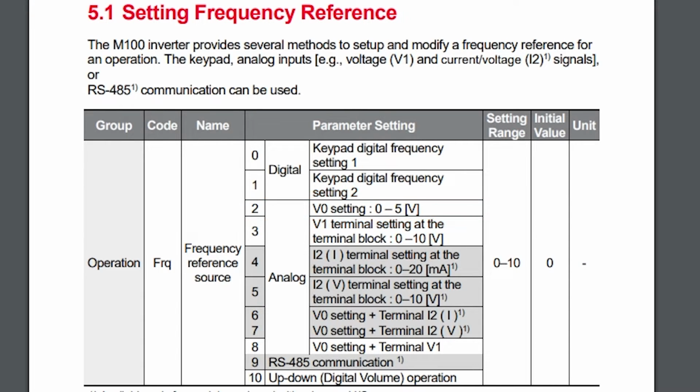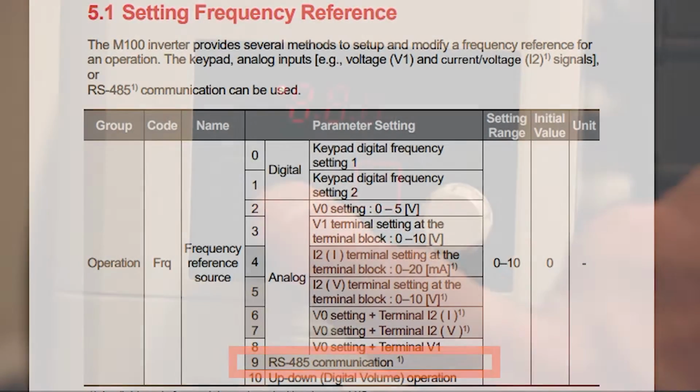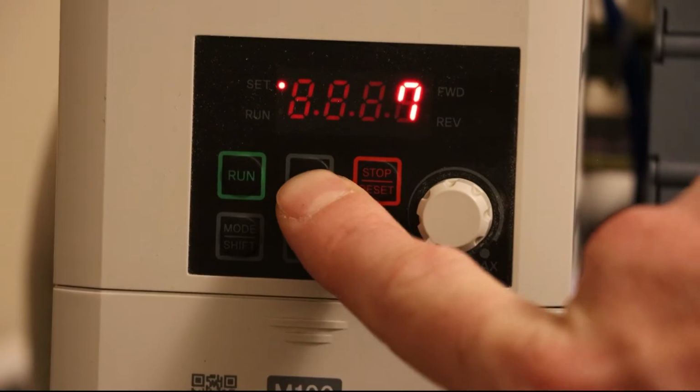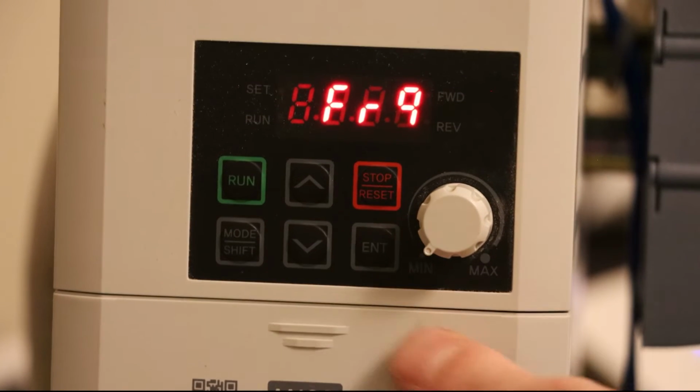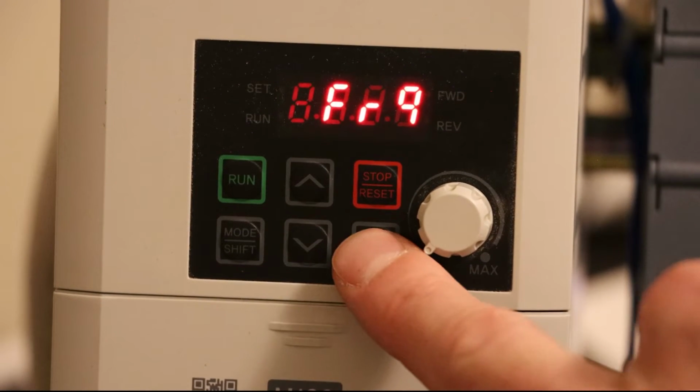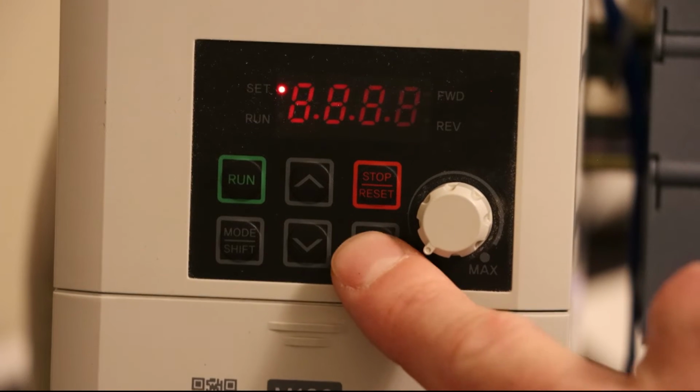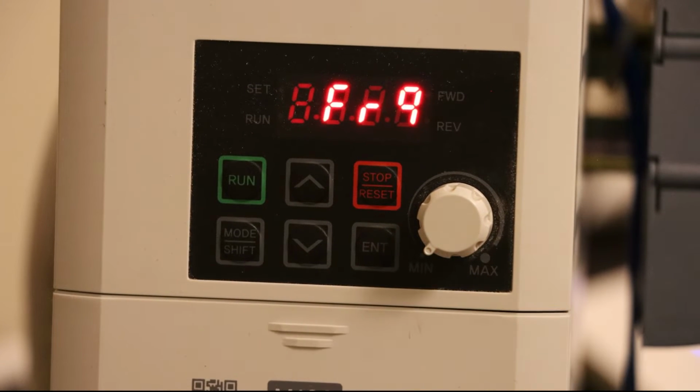We need to change this up to 9. Press enter a couple of times, and then we'll check that that's actually set at 9. Yep, good. So we have set the frequency and we have set the command.